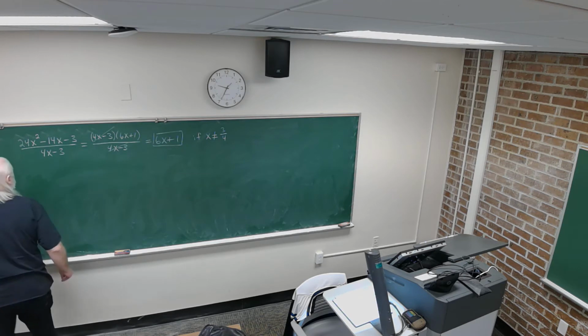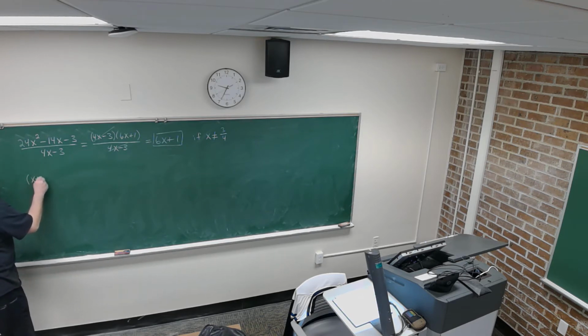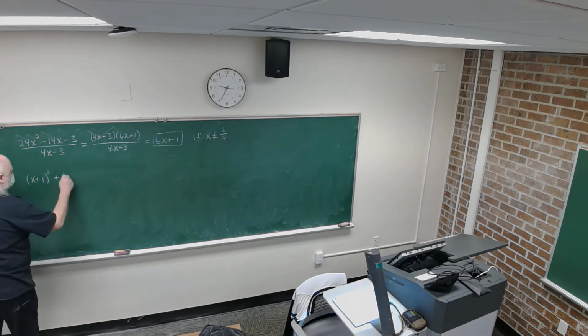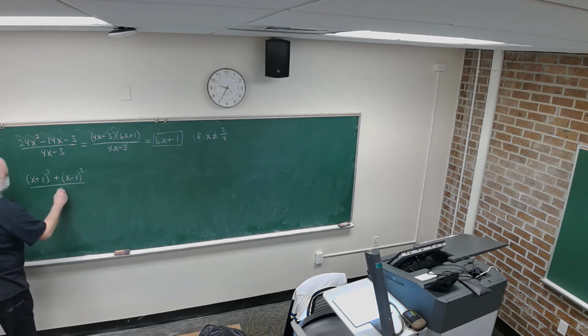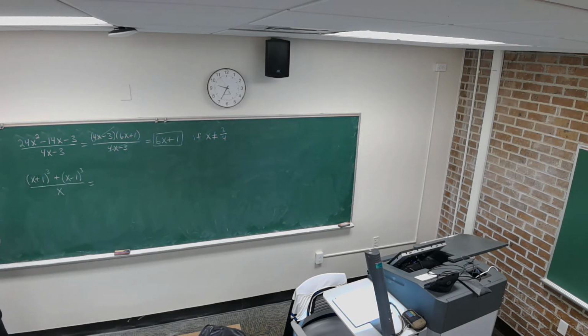In the next example, we have to simplify x plus 1 cubed plus x minus 1 cubed over x. Now, x plus 1 cubed is a binomial expansion with a equal to x and b equal to 1, and x minus 1 cubed is a binomial expansion with a equal to x and b equal to 1.